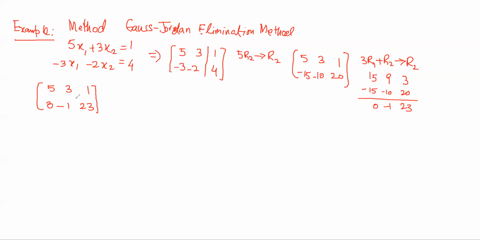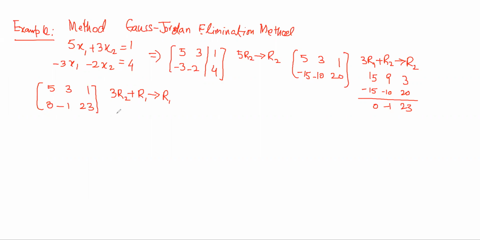So for this to happen, what we will do is multiply the second row by 3. Okay, we will multiply the second row by 3 and then add it into the first row. So that will be our new first row. So in this case, how will it happen?